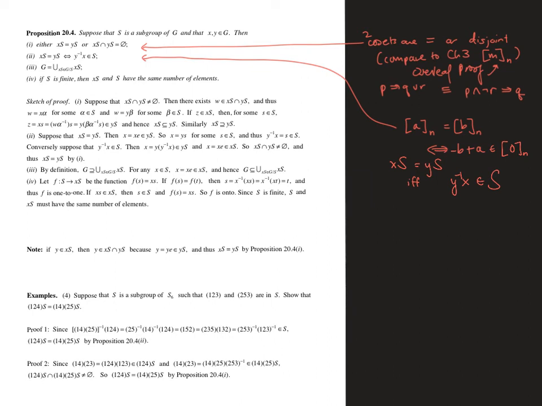There's a nice little trick for working with cosets embedded in that proof, which is that the identity is always in S. So this is a nice hint to keep in mind when you're working with these things, which means, for instance, that we could write the identity as, in this case, maybe y times y inverse, right?